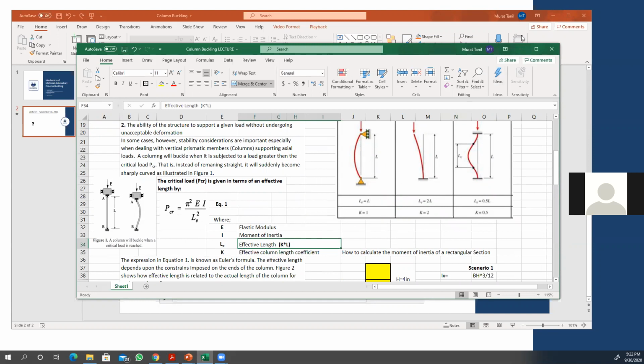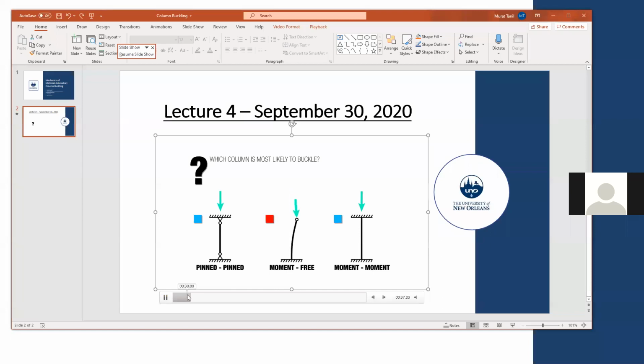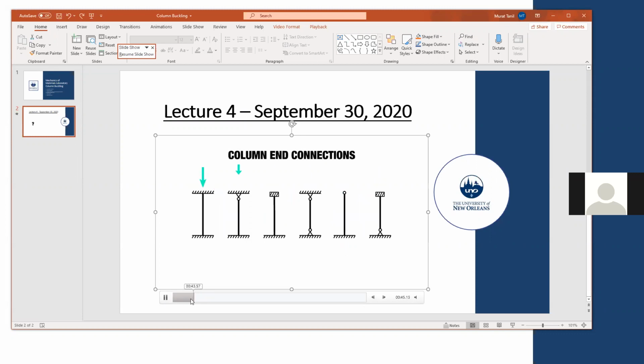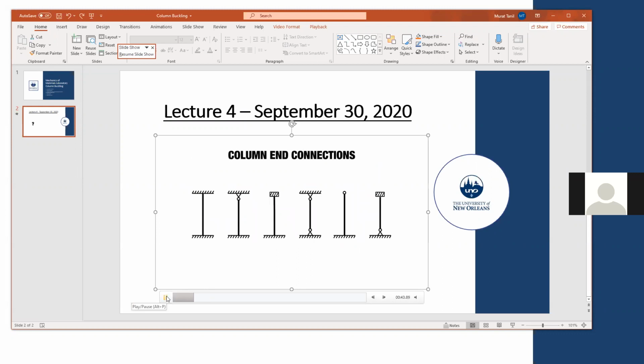So let's continue. We have different types of columns and connections. I will walk you through each case. We can brace the column in different configurations. In the first one, we have fixed moment connections.